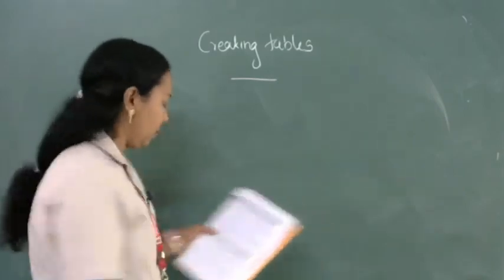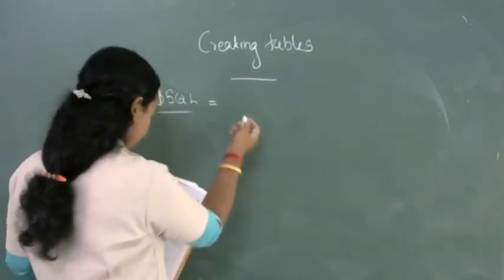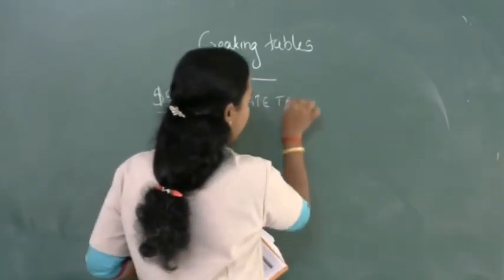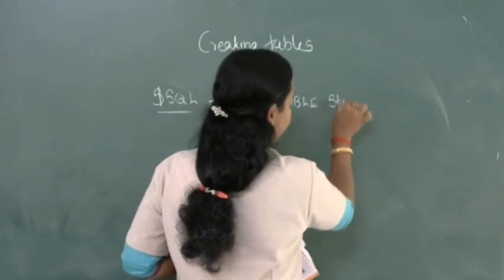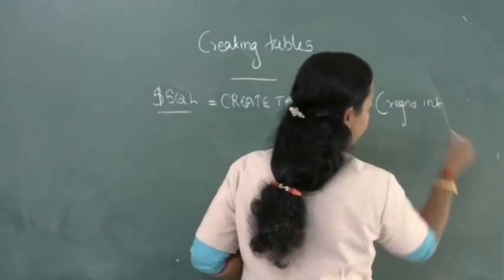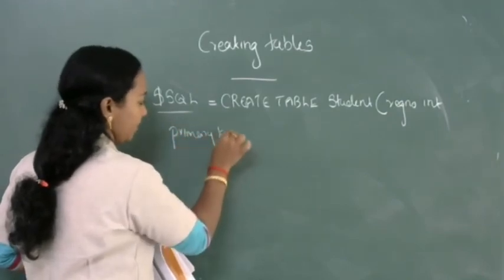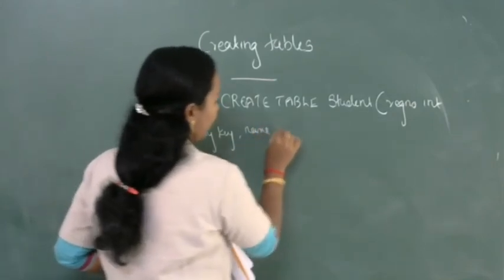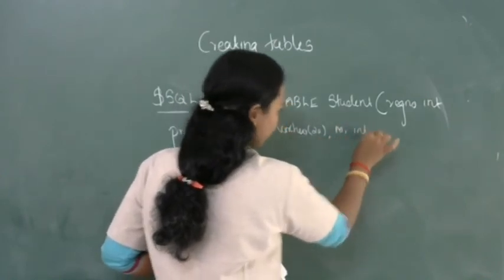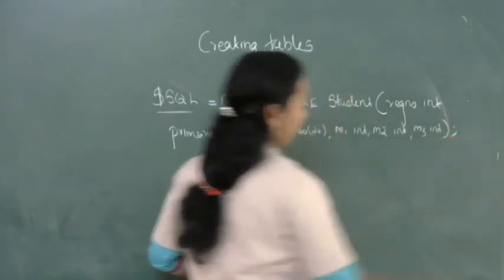For that, we can use one variable, $SQL, equal to the create table command: create table student, then register number int, which I am going to declare as primary key, then name varchar of 20, then M1 int, M2 int, comma M3 int, close the parenthesis, semicolon.